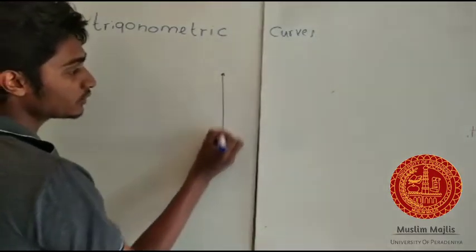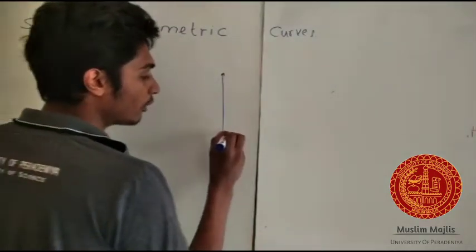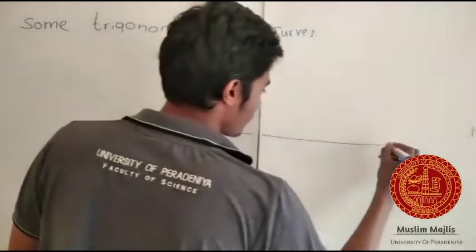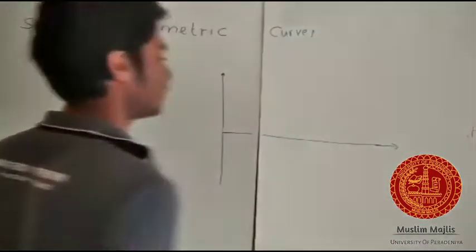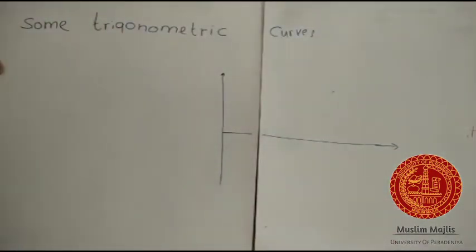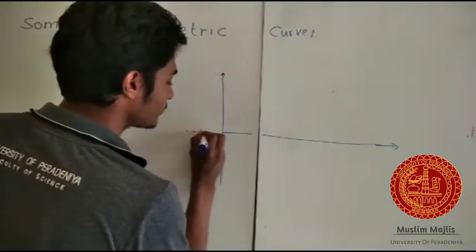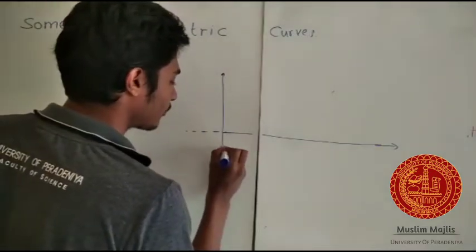So the cos curve, how is it going to move on, right? Let us draw a graph like that. Let's say the cos curve is going to start from 0.